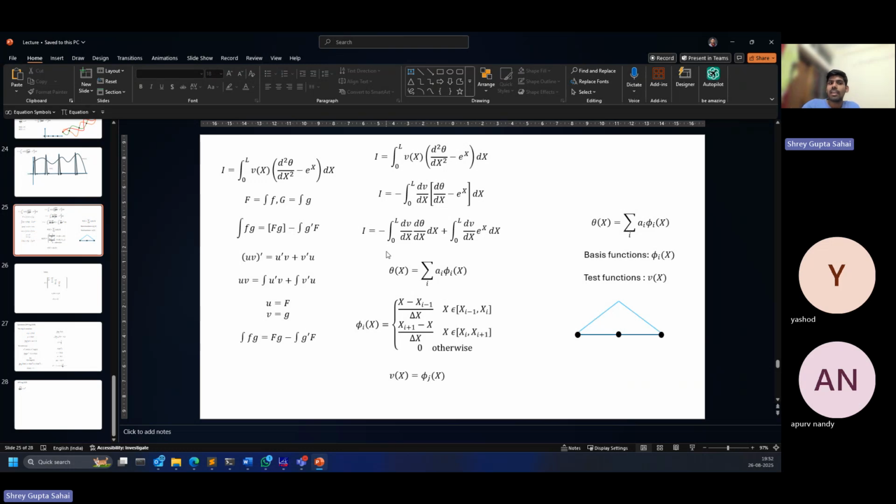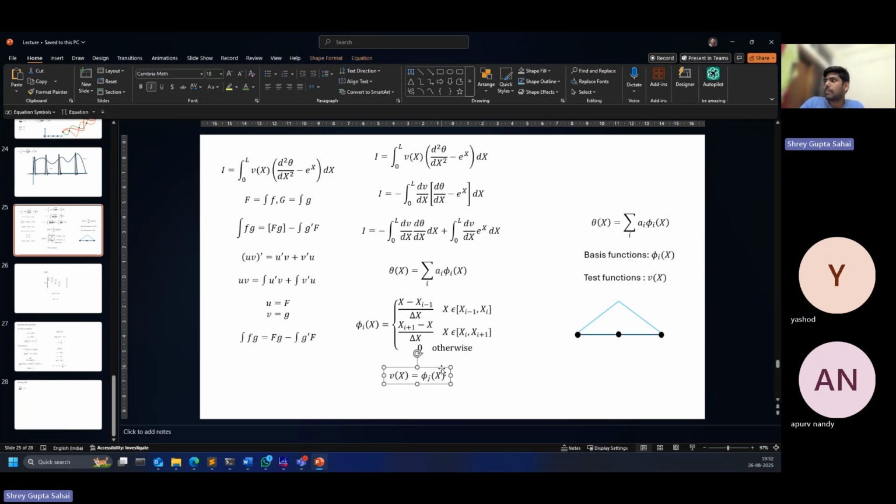There might be other reasons that you might know, but at this point of time, it's a choice. At least I am presenting it so. If you take some other choice, then it becomes a different formulation, or the weight functions may change.